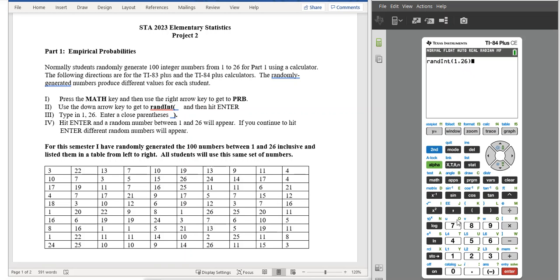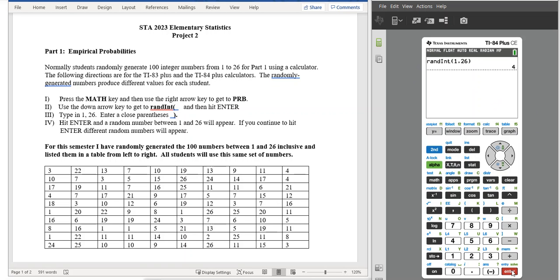The comma key is right above the number 7 key. So you could type in 1, comma 26, parentheses, and now we're all at the same place in the calculator.